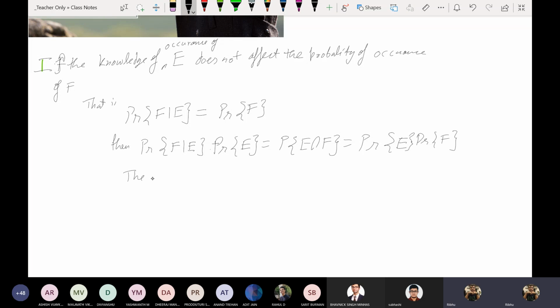And the events E and F in this case are called statistically independent.